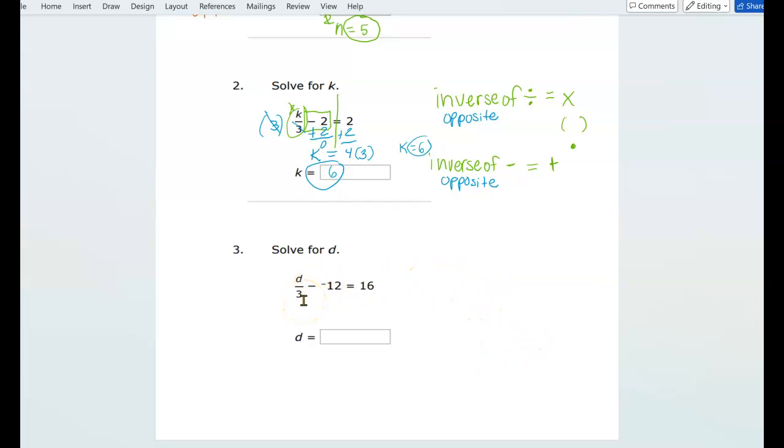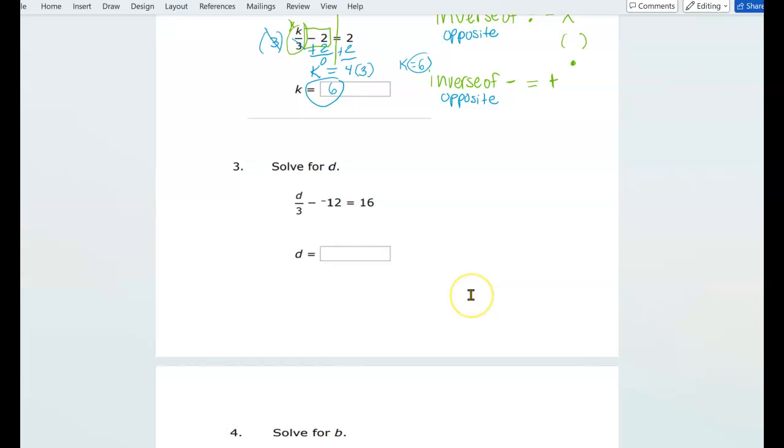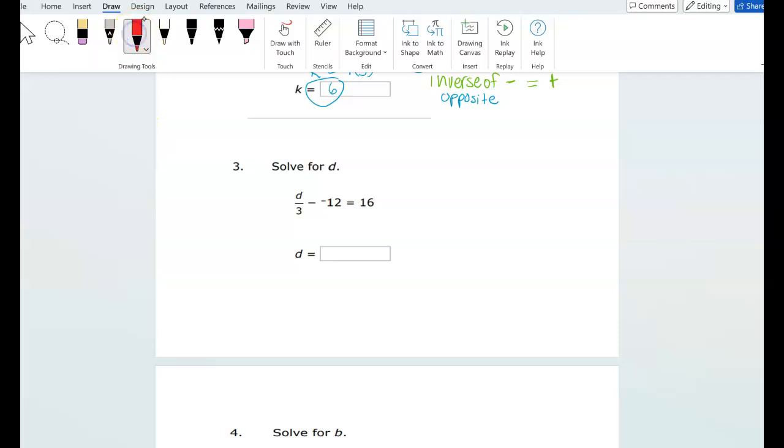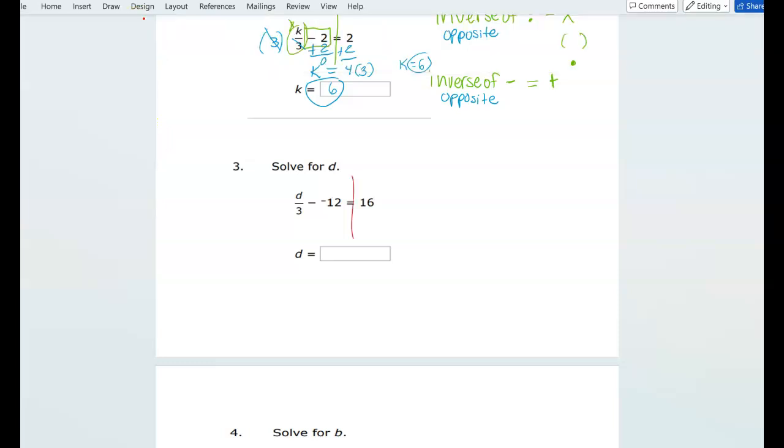Here's another division one. Oh, and watch out, we have a minus 12. That could be a little difficult. Maybe I should show us what that looks like. Let's draw a vertical line through the equal sign, and we're going to start where the variable is because that helps us figure out which side we start on.